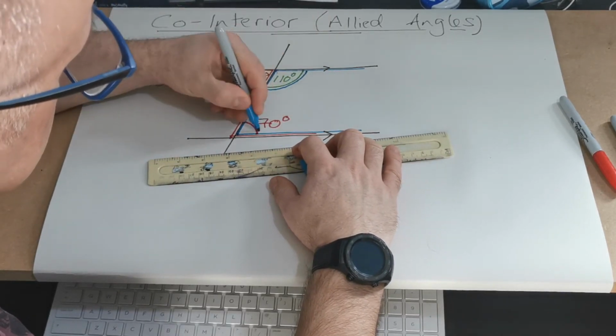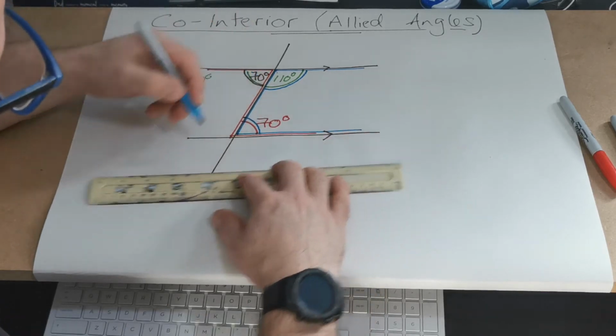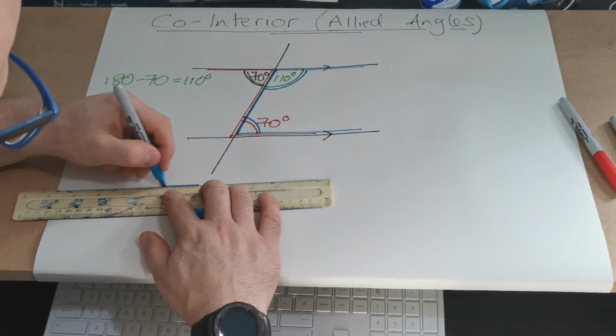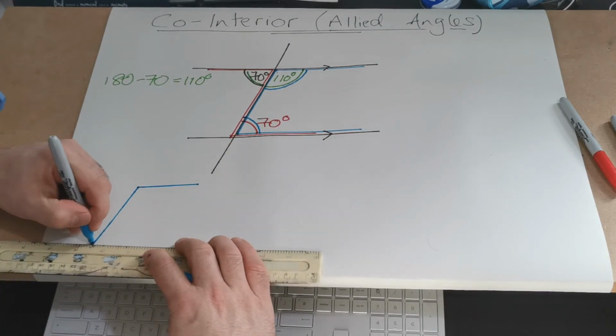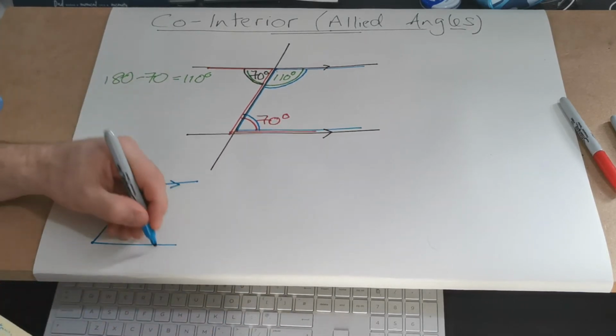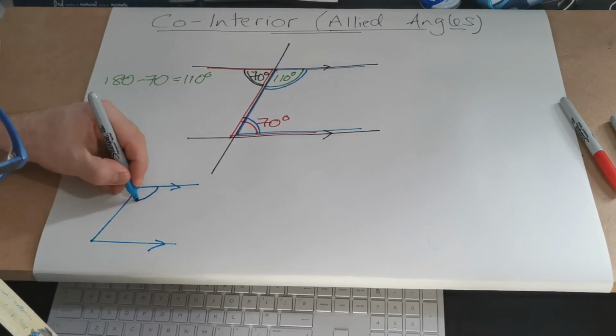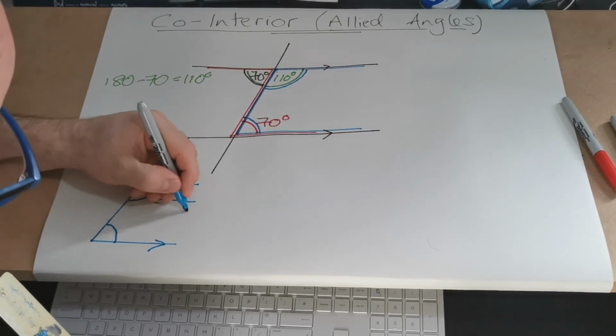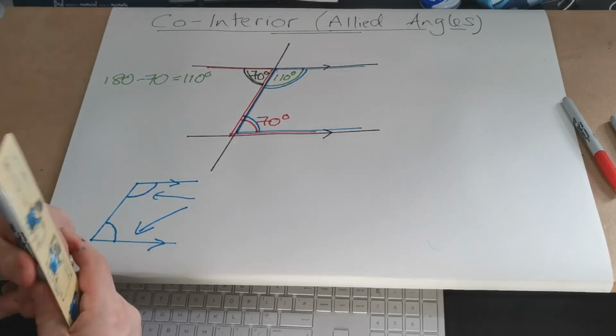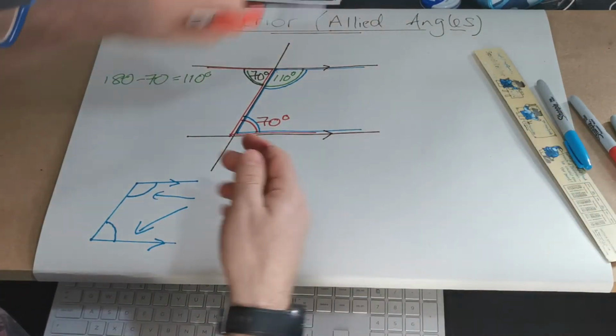create this classic C shape. So breaking away, we've got it looking like that. It only works when they're parallel. But these two angles in here, they are called co-interior angles.